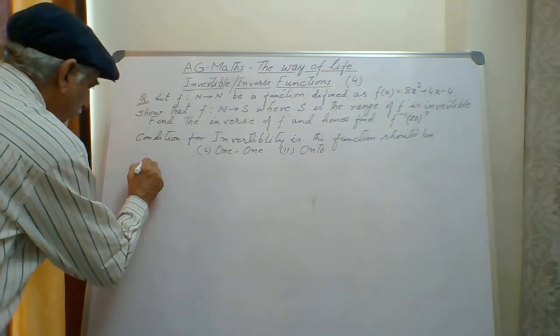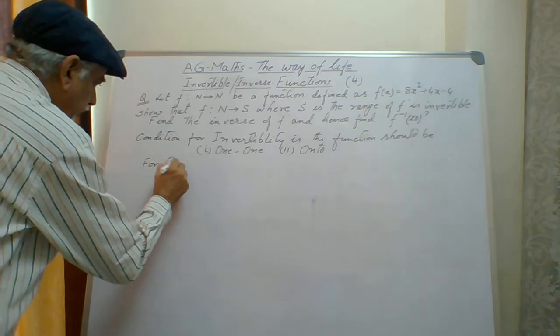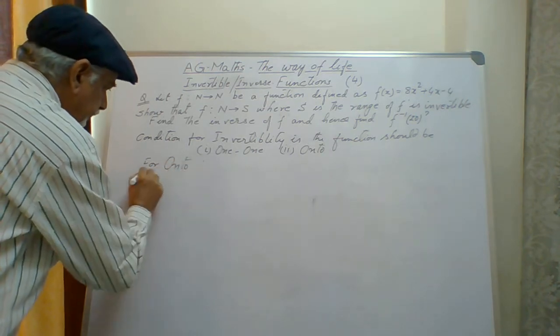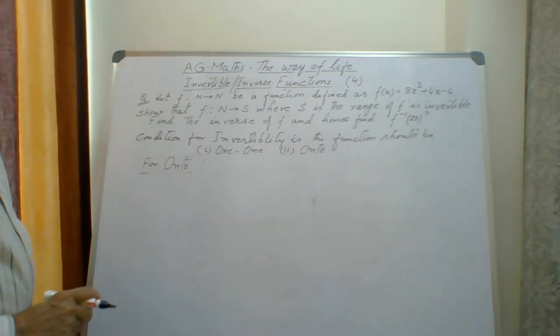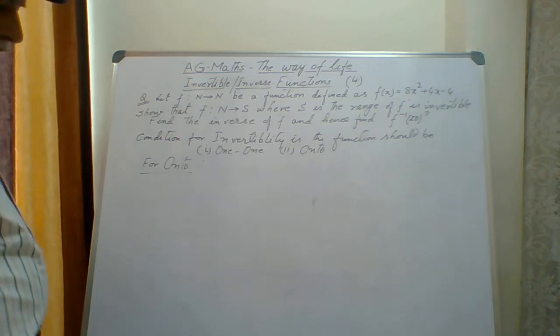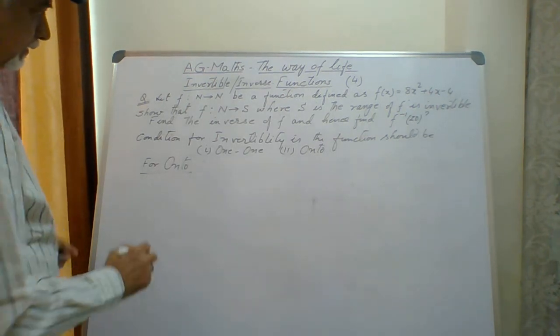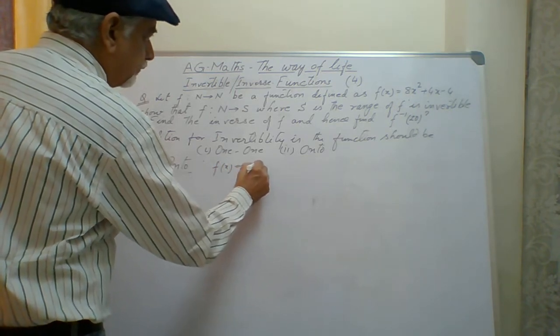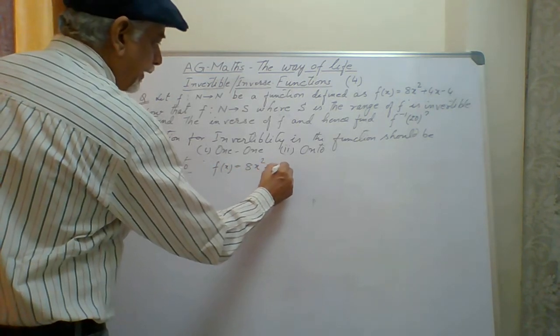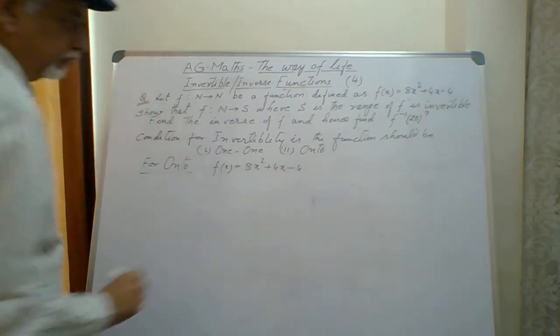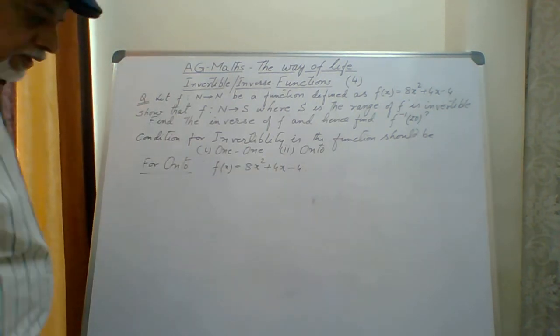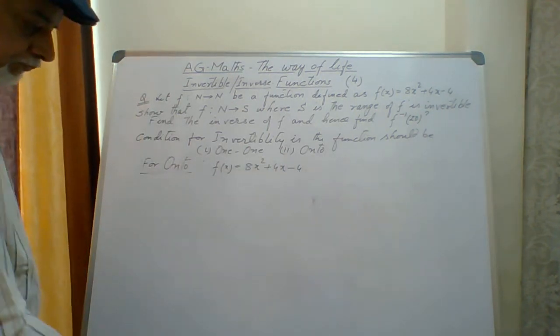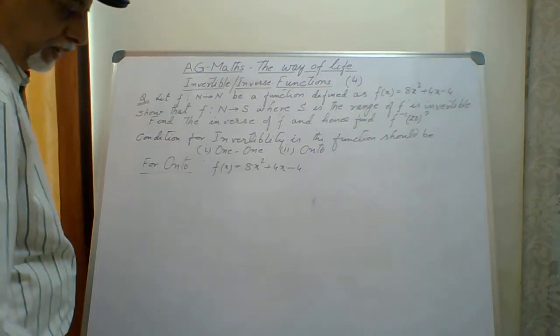For onto, proving this function as onto. The function is already given: 8x square plus 4x minus 4. This is the function given, and for onto we know the codomain has to be equal to the image.